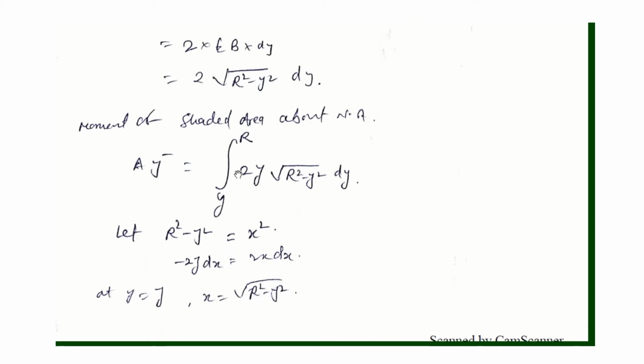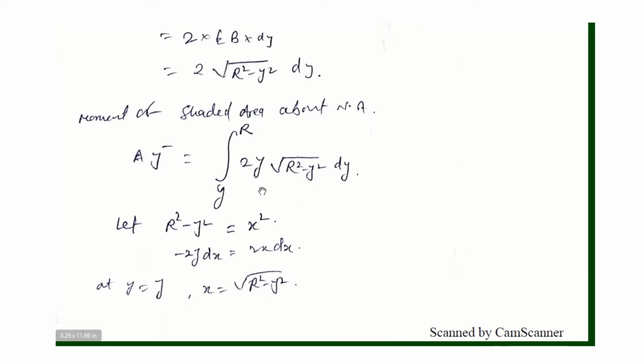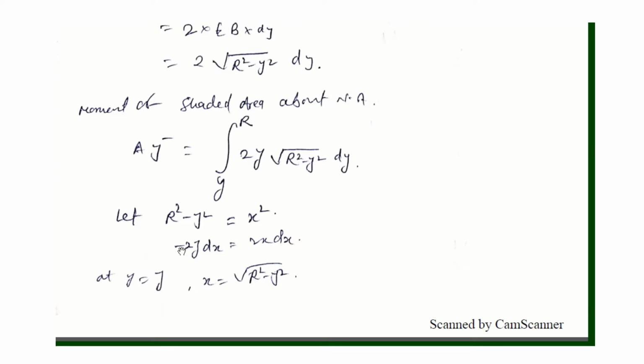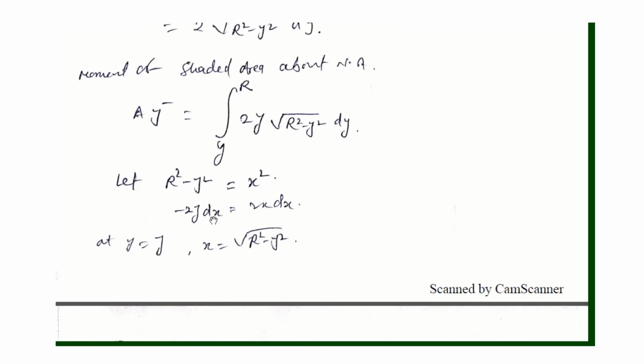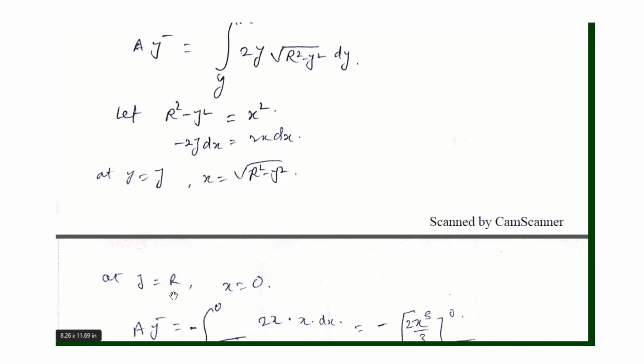That means in place of 2y dy we put minus 2x dx, and in place of the limits: at y equals y, x equals root of r square minus y square, and at y equals r, x equals 0.